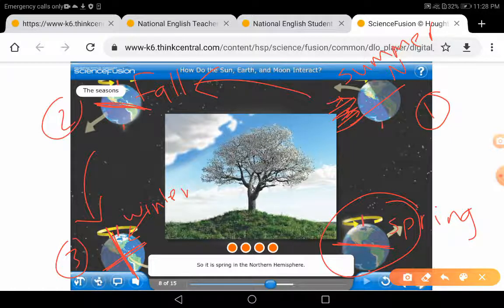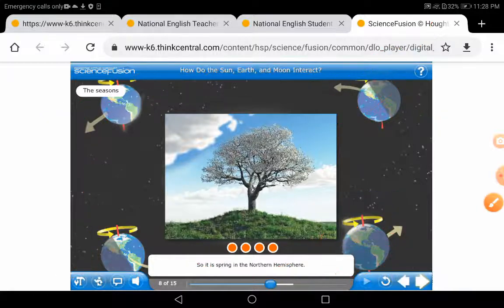Okay, the north hemisphere is tilted away from the sun. It's away. So it receives less sunlight. So it is winter at this position. After winter becomes spring, because both hemispheres, as you can see, they receive an equal amount.